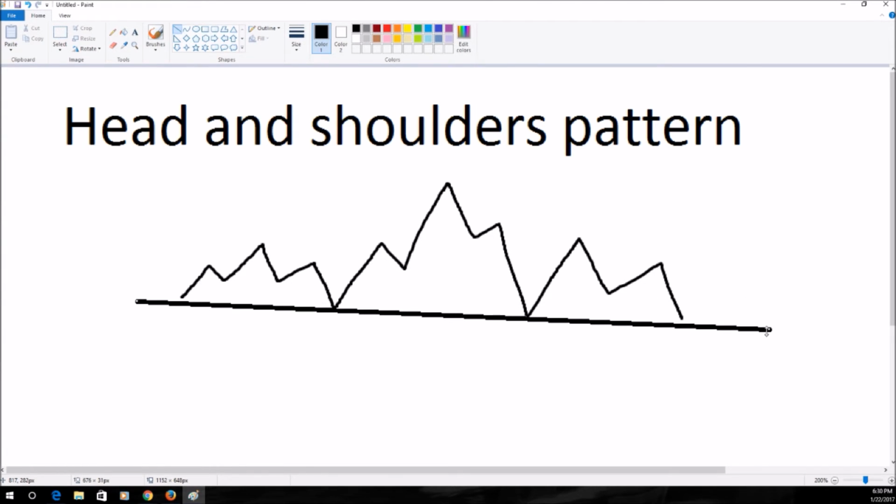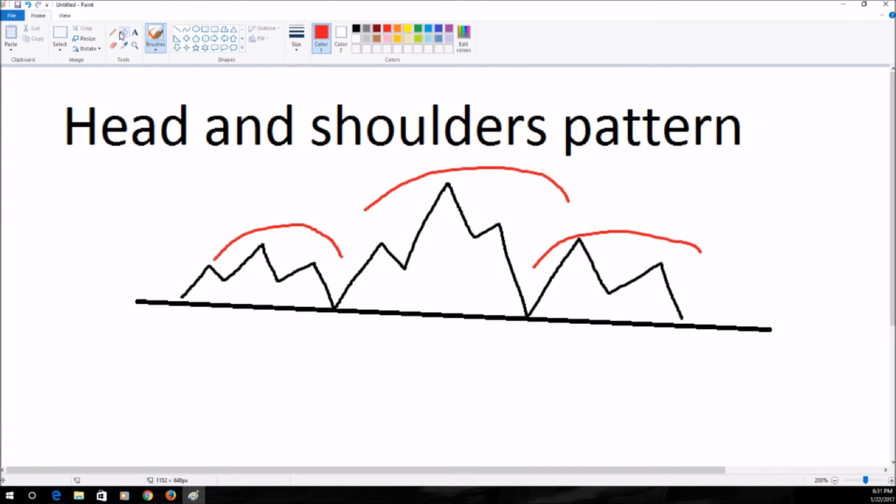Sometimes you may have slanted head and shoulders. Let's make it a little bit slanted. So as you see here, you have one shoulder here, you have a head here, and there's a shoulder here.